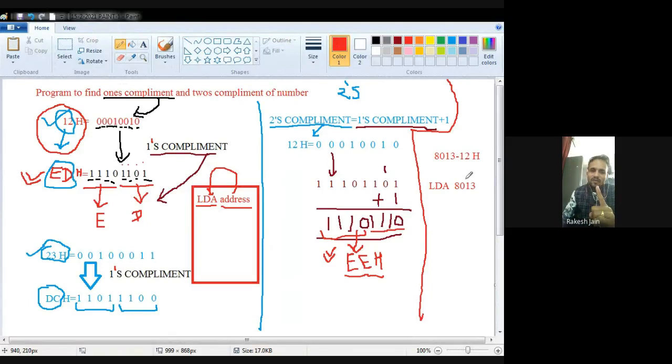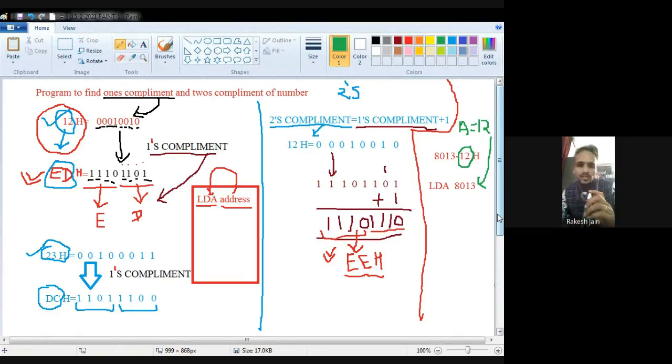Load the accumulator with the content of this address. Whatever data is present at this address will be moved into the accumulator. So the accumulator will be equal to the data present at that address.